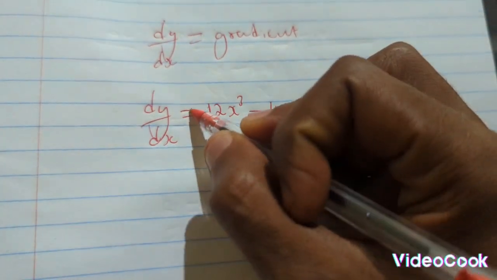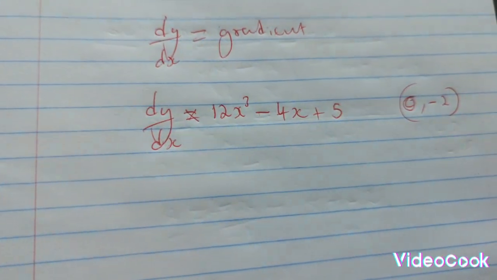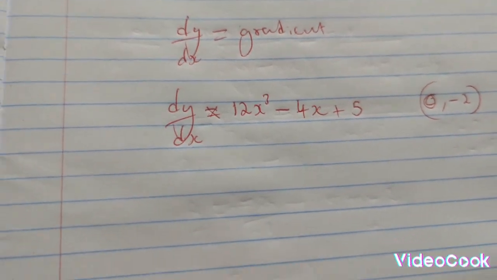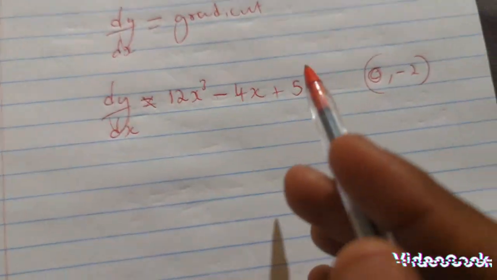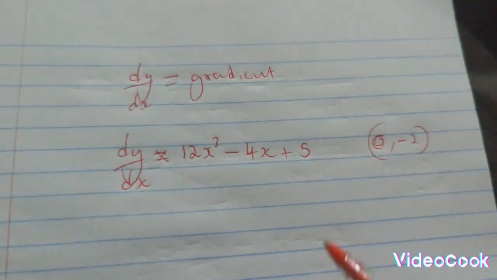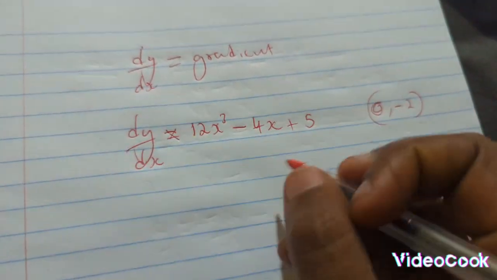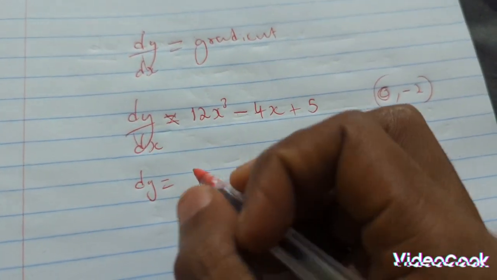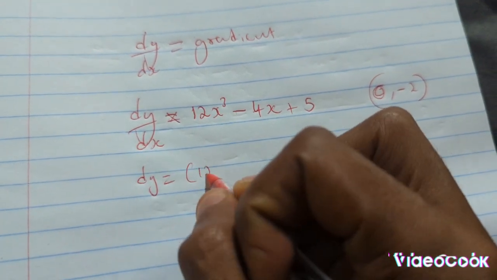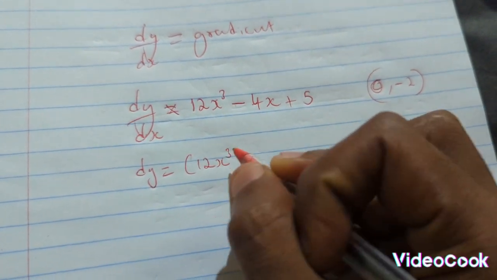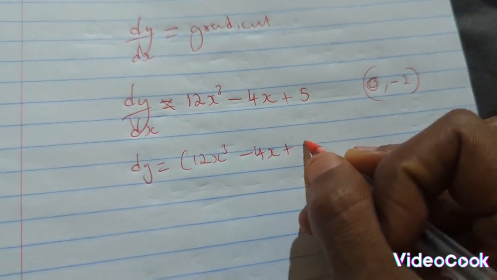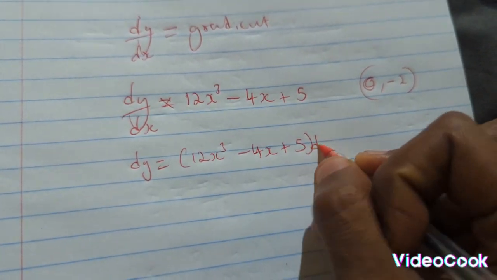As long as it starts with dy dx, it means you are supposed to integrate. So when you cross multiply, you remain with dy, which is just y, then the integral of 12x cubed minus 4x plus 5 dx.